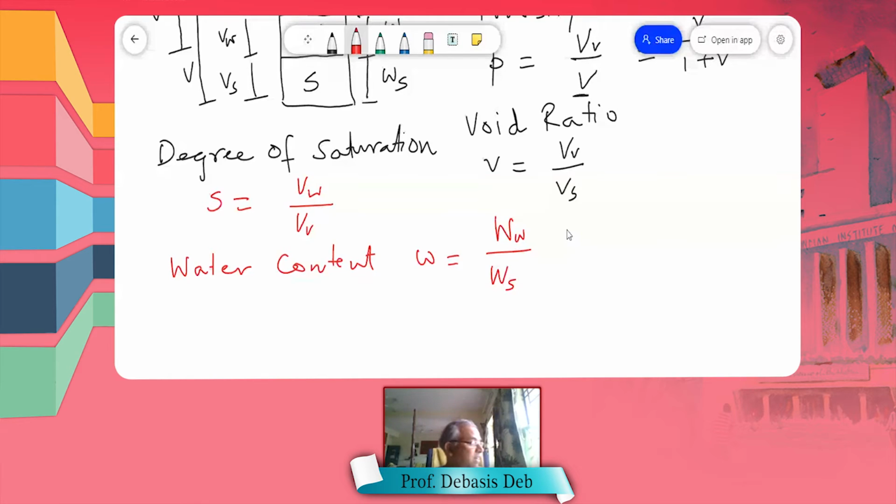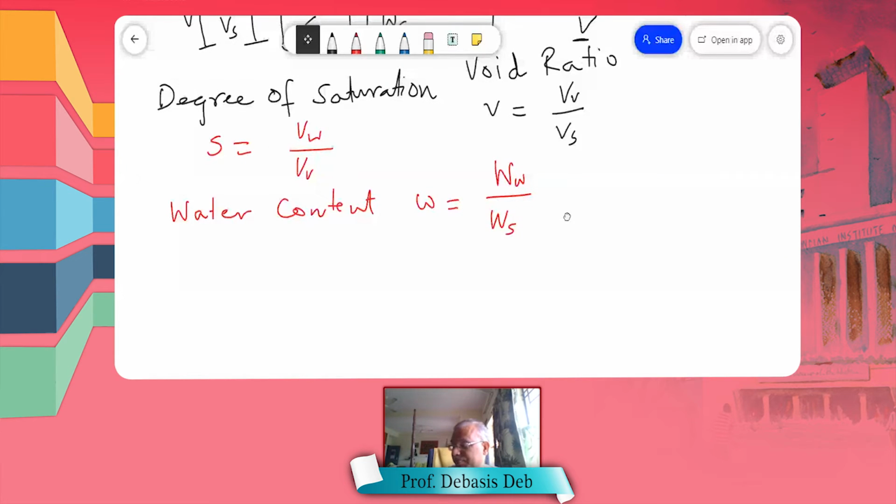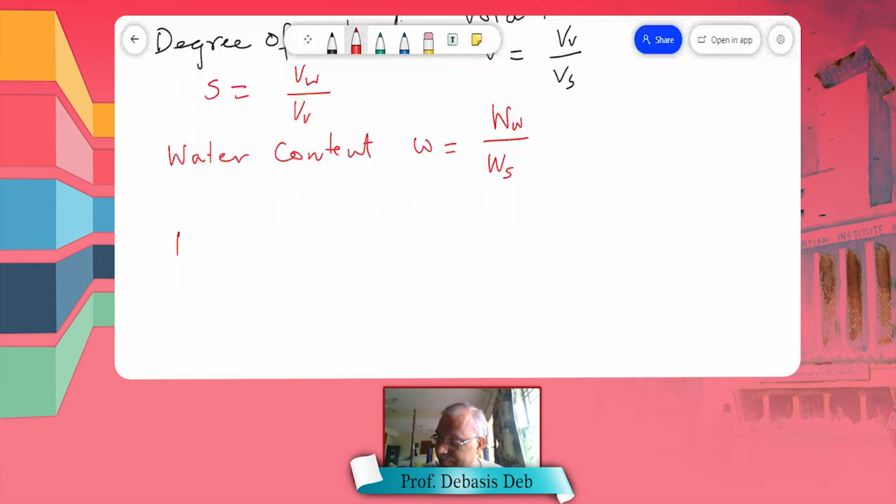Then we will define what is called bulk density. You may write this. All of you know the unit of density. What is the unit of density, before I write the equation?